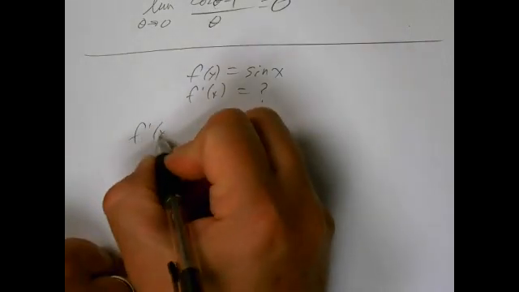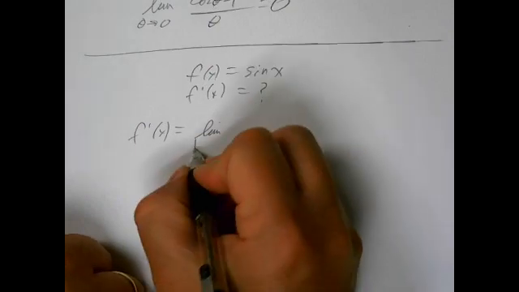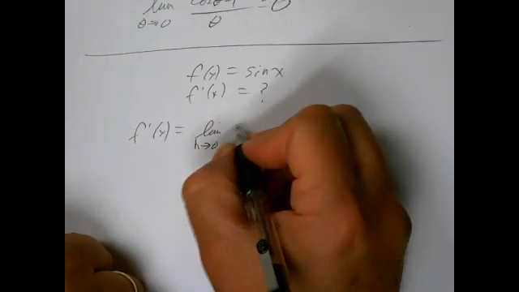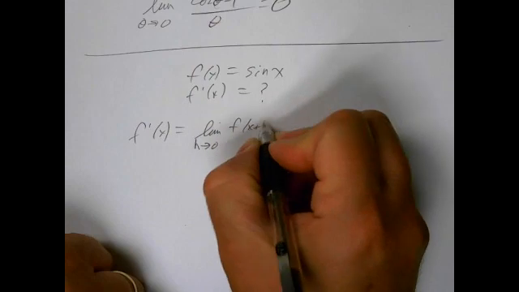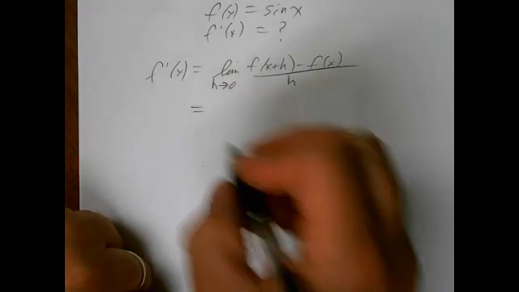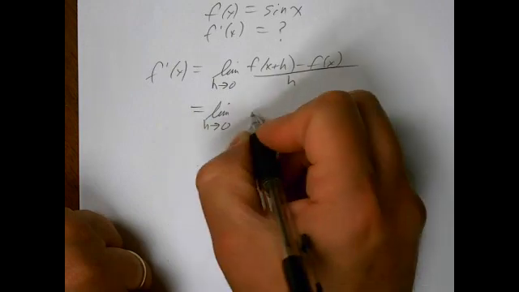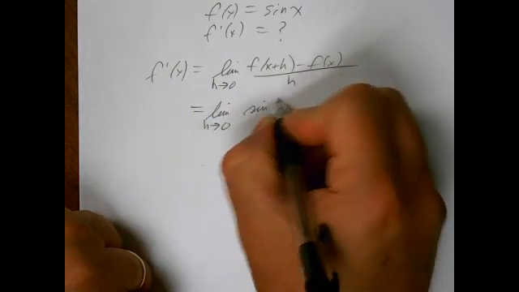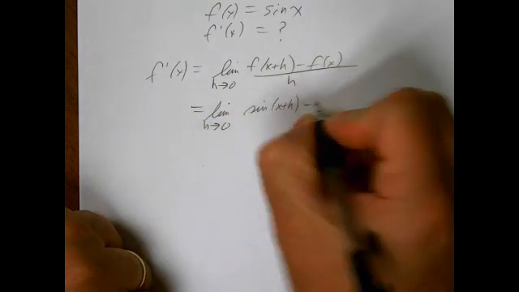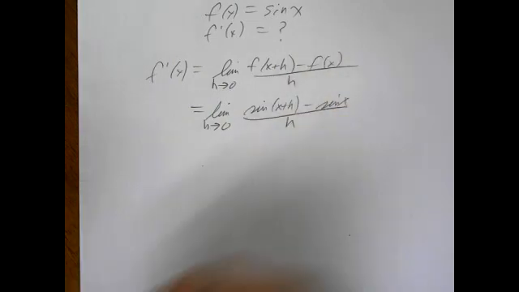F prime of x would be equal to the limit as h approaches 0 of f of x plus h minus f of x all over h, which for this f of x, that would be the limit as h approaches 0 of sine of x plus h minus sine of x all over h.